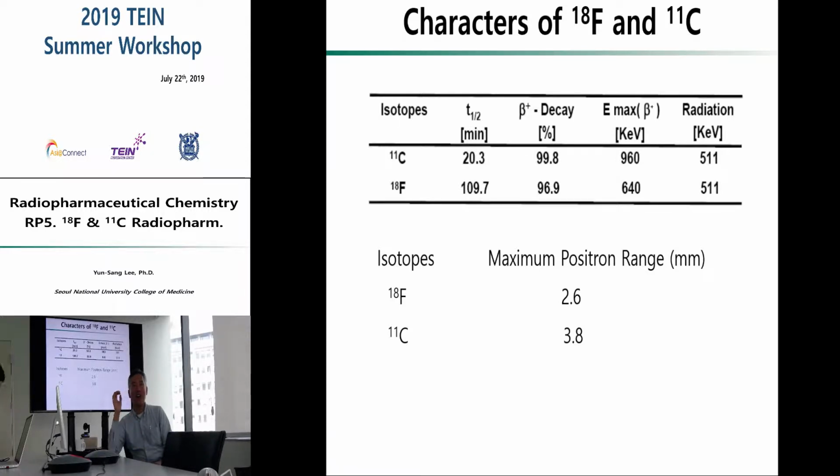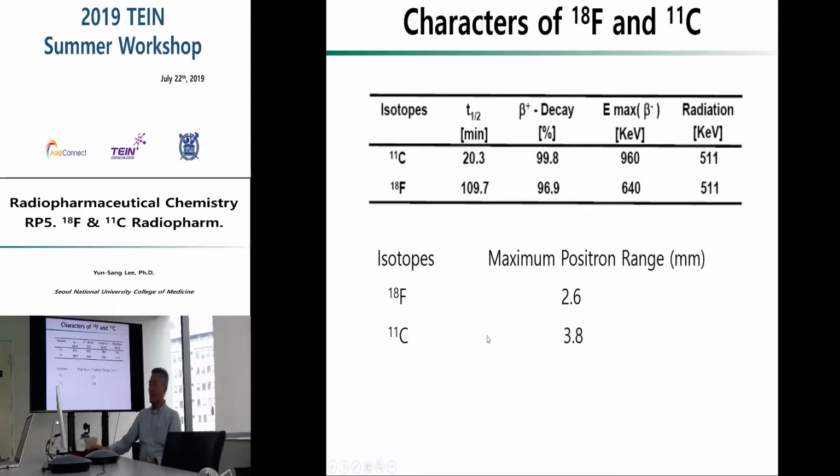A practical rule is that after 4 times half-life we normally cannot get images. And in our study, after 10 times of half-life, we cannot get any images from our receptor imaging.